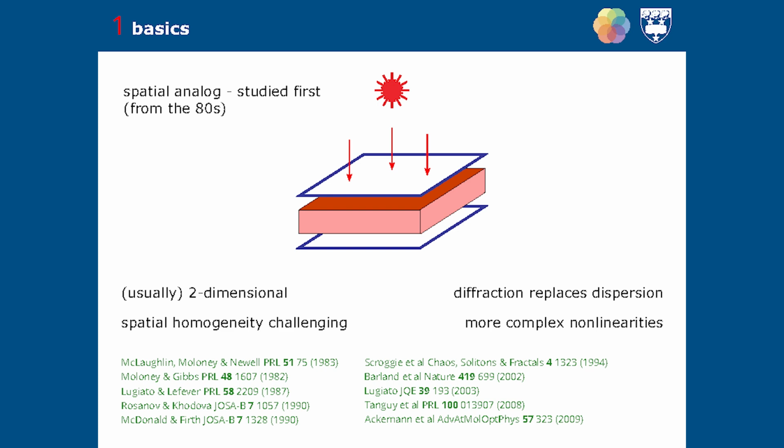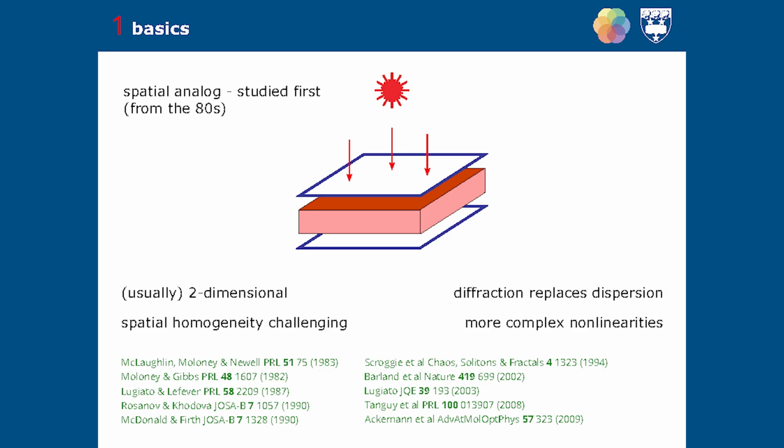Basically, they had a nonlinear material in between two mirrors, and you shine a plane wave, and you get spatial dynamics instead of temporal dynamics. And this goes back all the way to the 80s. So the micro-resonator, soliton and comb physics didn't really start in 2010 or 2007. There's this whole background of results that predates that, and that can be very important.